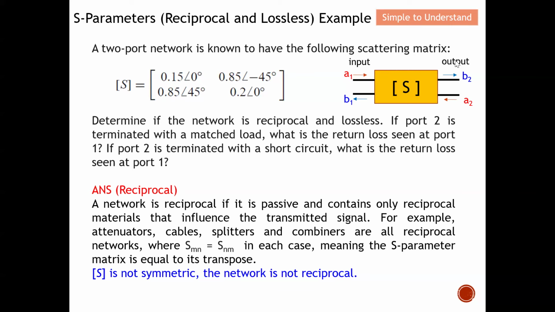If it is reciprocal, it means that if I input my signal here, I will still have my attenuated signal at the output. And if I inject my input over here, I will still have my attenuated signal, which means that if it's reciprocal, which side is an input and which side is an output doesn't matter.